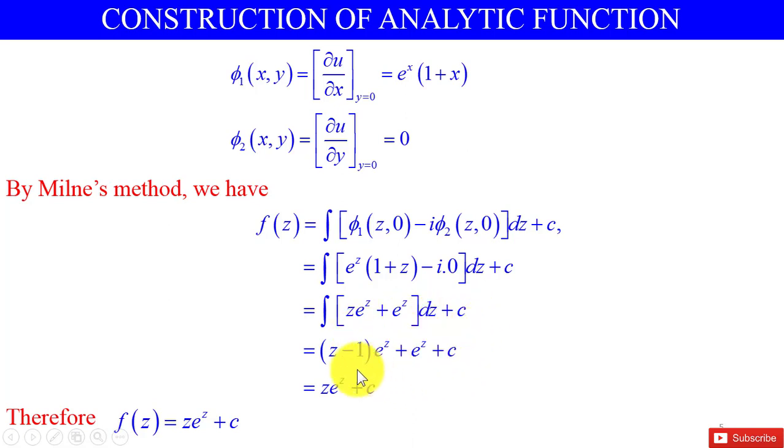By integration we have z minus 1 into e raised to the power z plus e raised to the power z plus c, which gives z into e to the power z plus c. Therefore, f of z is equal to z into e to the power z plus c.